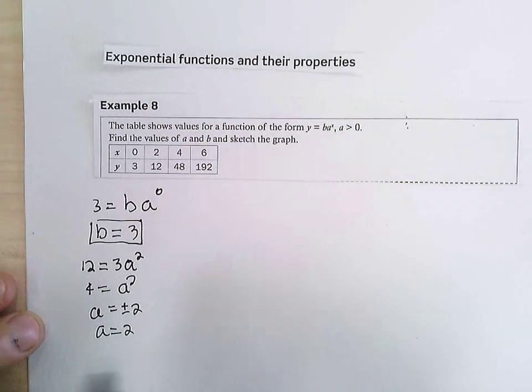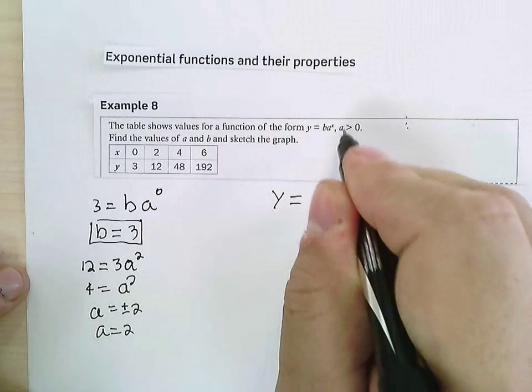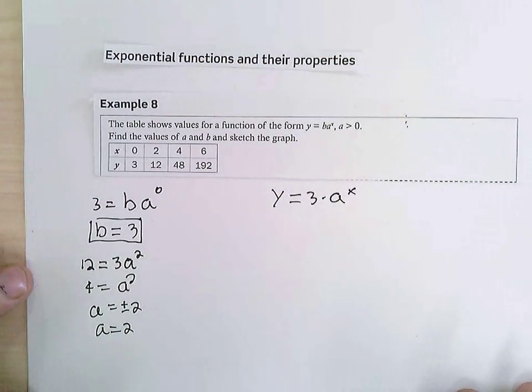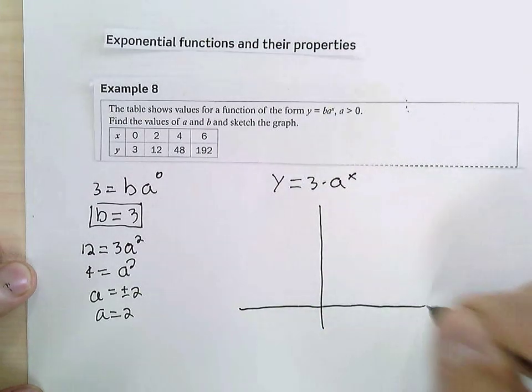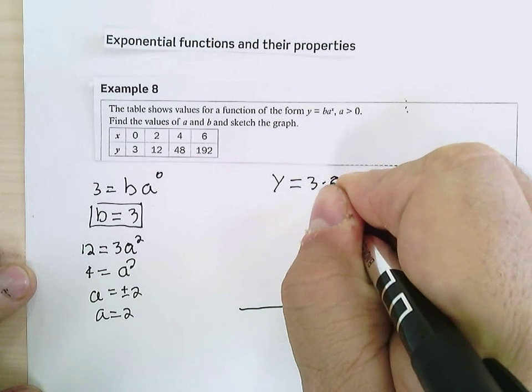So now I have all my values, and my equation is y is equal to 3 times a to the x, right? Then I can plot a quick graph. Actually, that 8 is supposed to be a 2 in there, my bad.